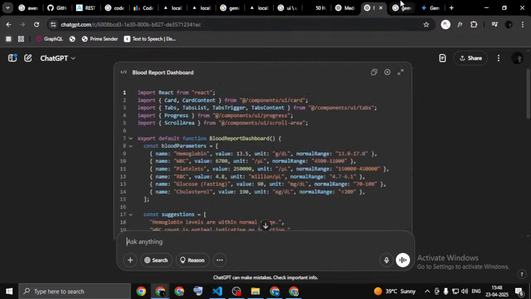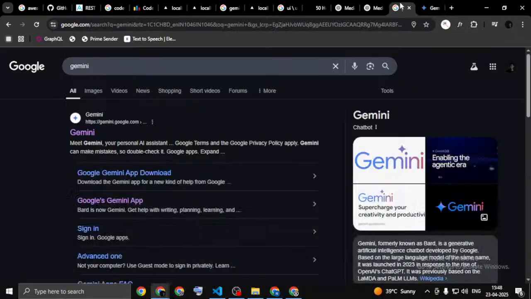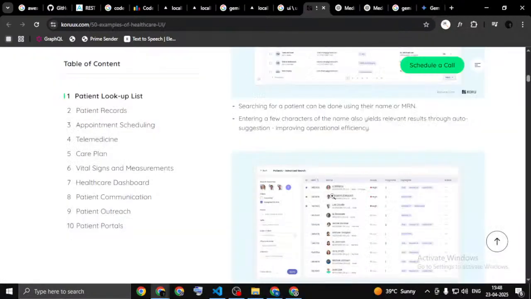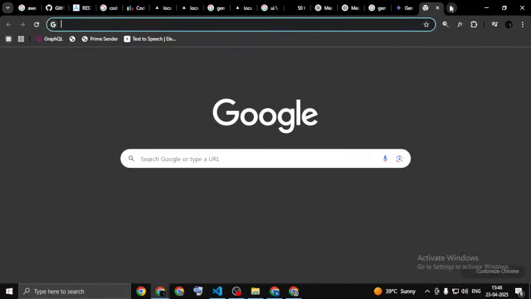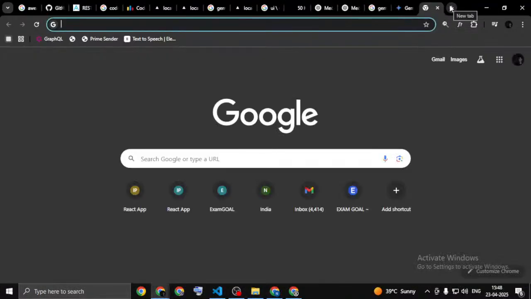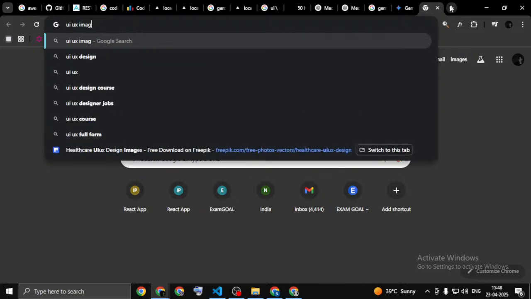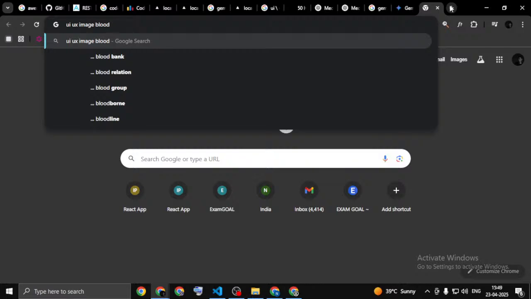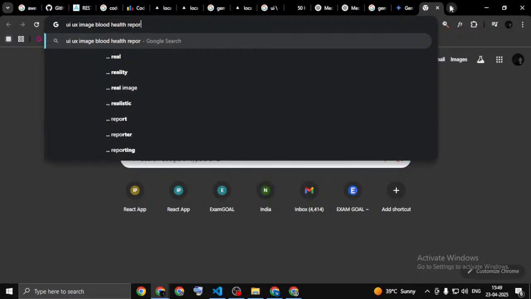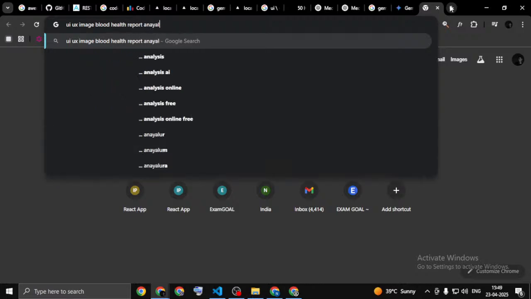This is not suitable. I should have a reference UI UX image of blood health report analysis.